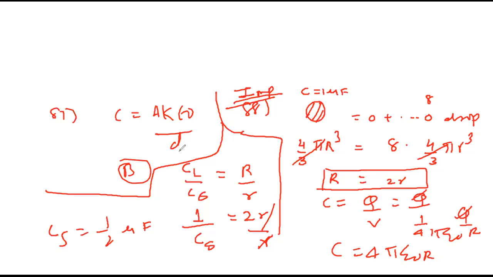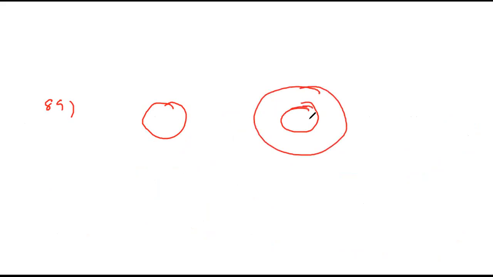Yes, sir. Next one. 89th. Capacity of an isolated sphere is increased n times when it is enclosed by an earthed concentric sphere.